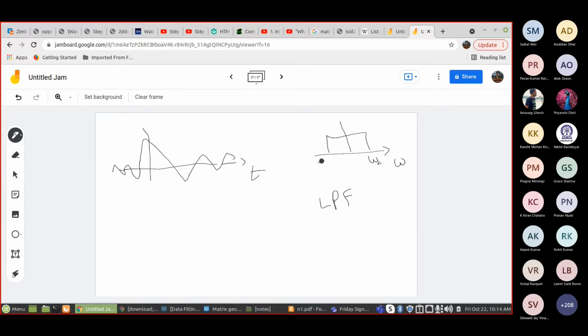Yesterday also we sort of saw this. I'm not going to explain low pass filters in detail, I'm just giving you the idea. This is an ideal low pass filter. I want you to think about the following. We know that this is not stable. It is not absolutely integrable.